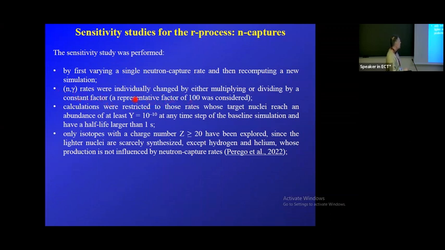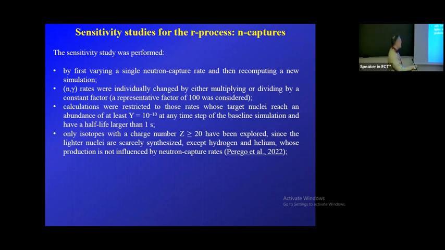We just restricted this study to those rates whose target nuclei reach an abundance of at least 10 to the minus 10, and at any time of the baseline simulation have a half-life larger than 1 second, just to simplify the possibility to study them, because if we go to extremely short timescale isotopes, even from the experimental point of view, it would be too complicated.